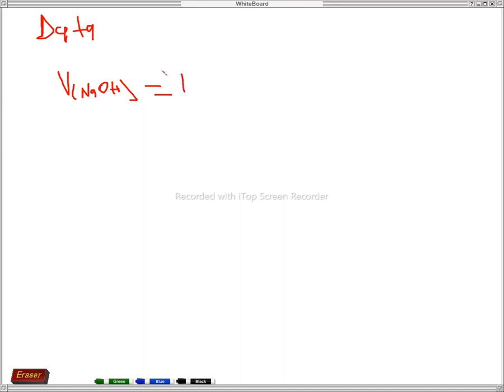So we have 15 centimeter cubed of the compound there, and then we also have the volume of compound B, HCl, which is 25 centimeter cubed.